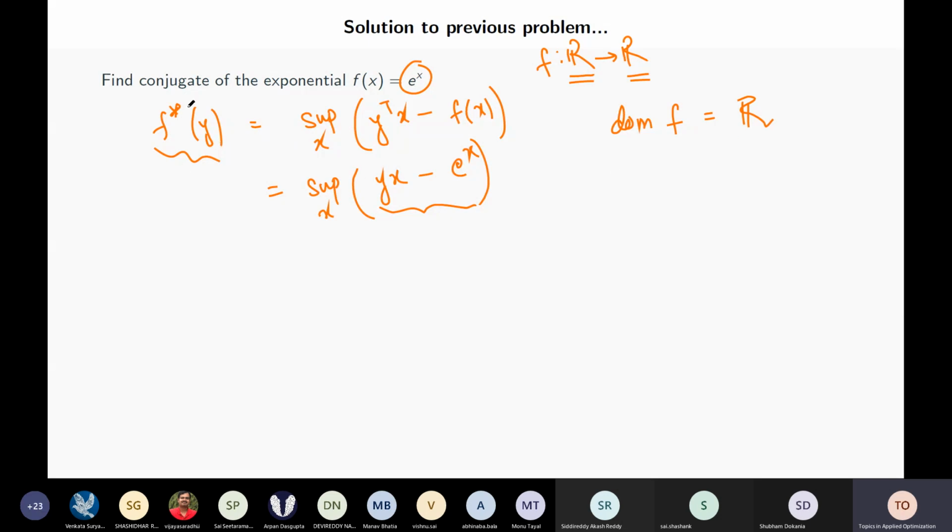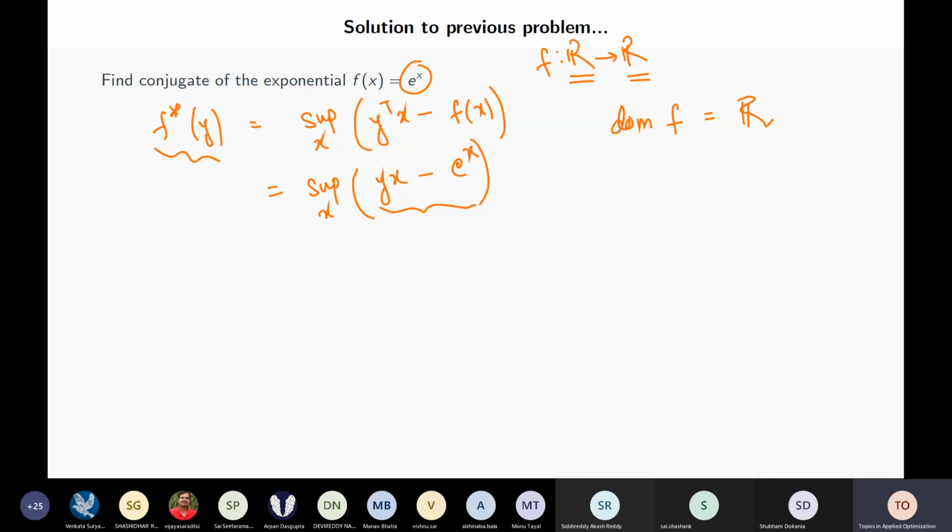Now we want to find a valid domain of y, which comes from whether the expression remains bounded or unbounded for certain values of y and x. The way we do this is to fix some y and see whether it remains bounded.